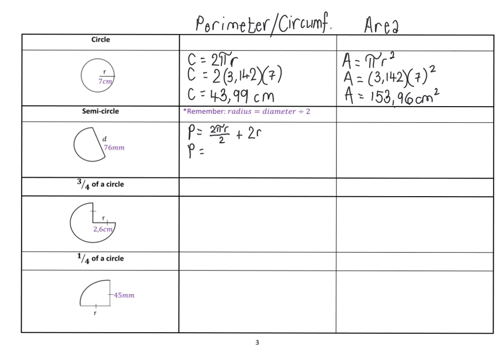So it is going to be 2 times the pi value, 3,142, times the radius value, and then 76 divided by 2, so that's the radius, is equal to 38 millimeters.